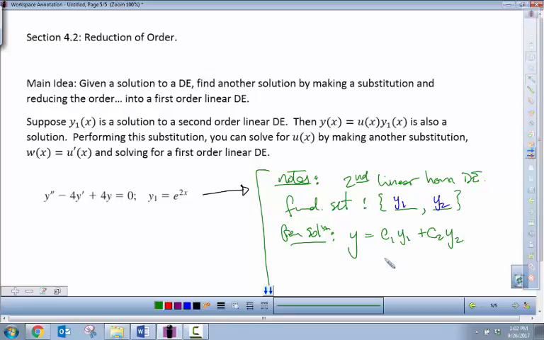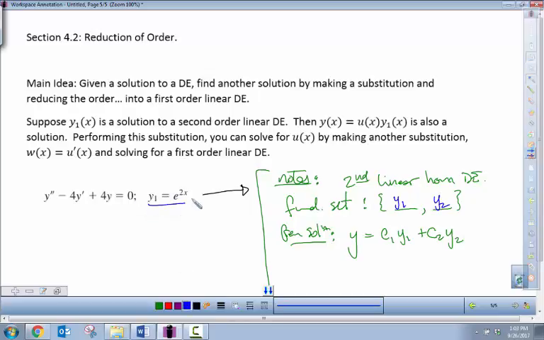So this is what we want to find. So we need 2 things. We need a second function, and we need it to be linearly independent from the first function. So these are the ideas that we got from last time. Now let's actually go through the work to see if we can find our second solution.